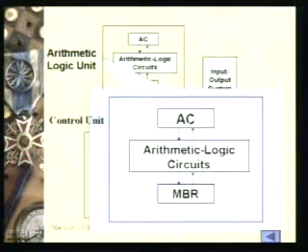AC is an accumulator register which interacts with the arithmetic logic circuits, along with the memory buffer register, which stores whatever content is brought from memory. So it can sometimes be treated as a data register. And the accumulator is the one where the results also go after the execution. So the accumulator is basically the primary place where the instruction execution takes place.